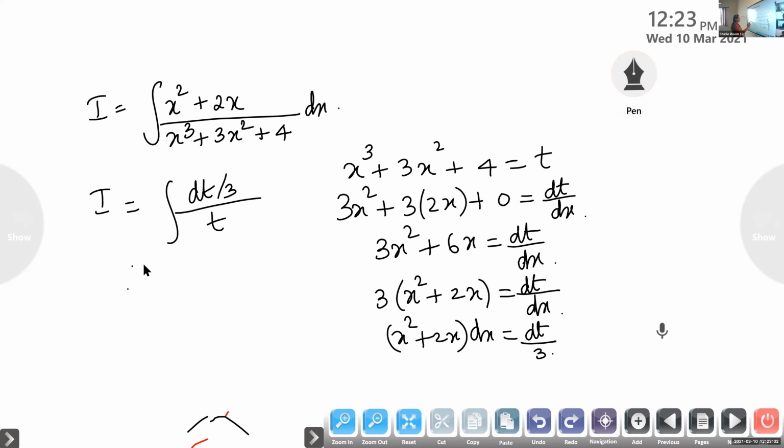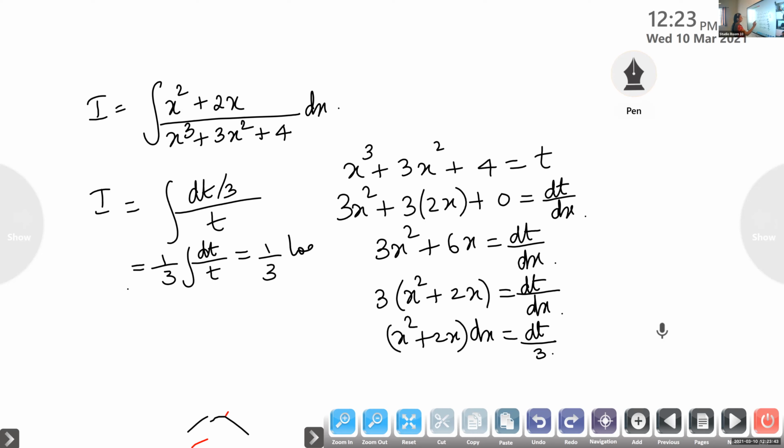Now 1 by 3 we can take as common, leaving the integral of dt by t. What is the integral of dt by t?